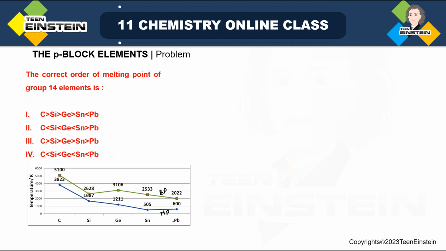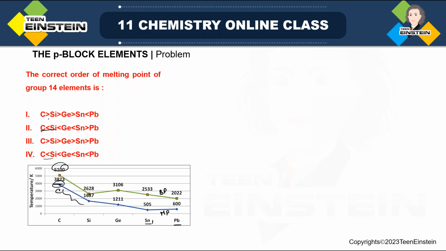So melting point normally decreases, that is both melting point, boiling point decrease down the group, but we have some discrepancies.